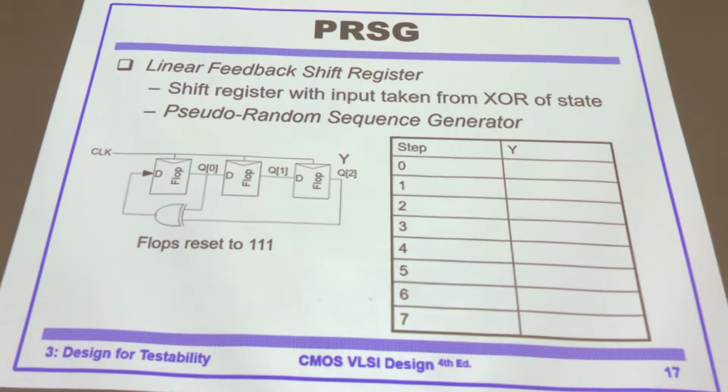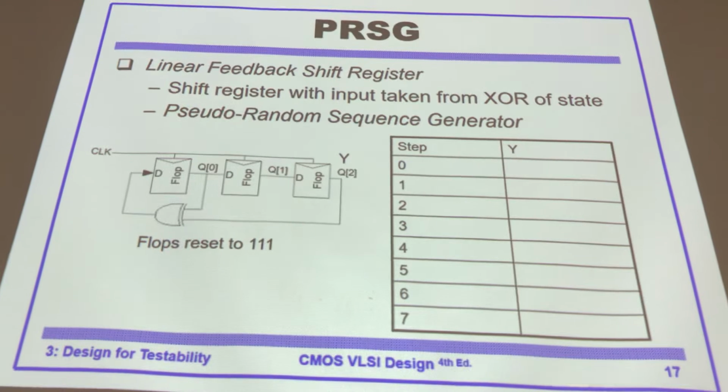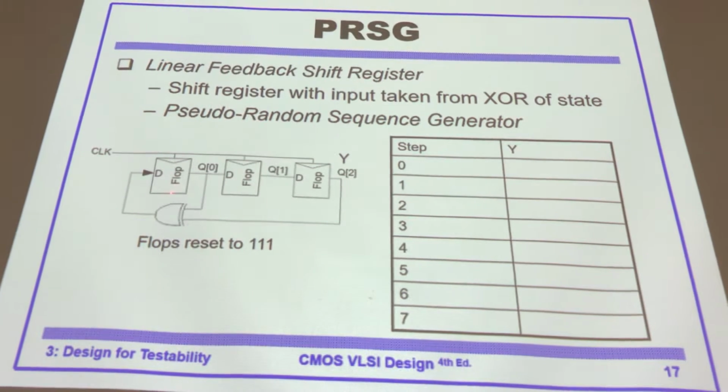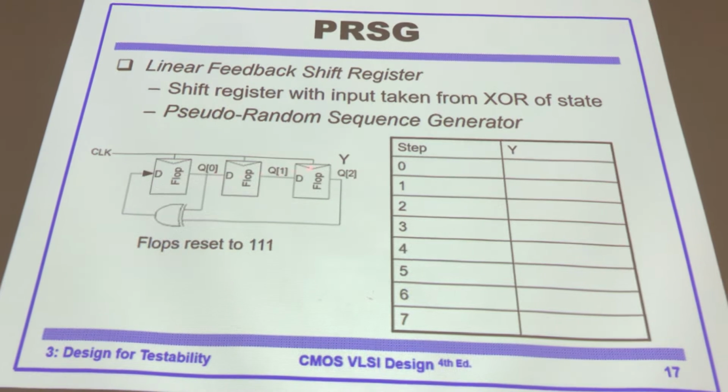And PRSG is the pseudo-random sequence generator. This small circuit can give you some random test vectors, some random input vectors. It is a 3-bit circuit with outputs Q2, Q1, Q0, in reverse order.